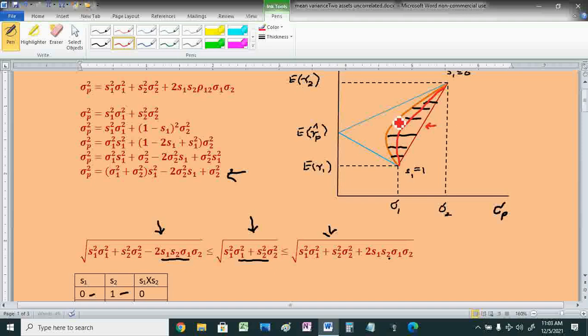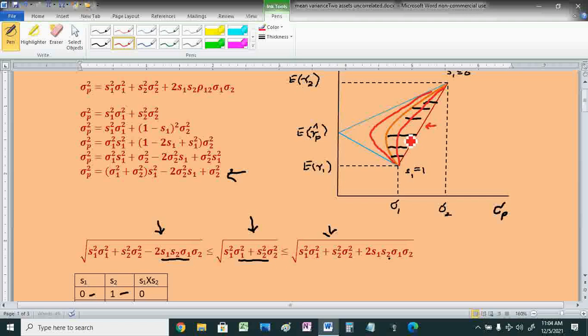And similarly, if the correlation between the returns on two assets is between 0 and -1, this means that it will be a little bit more away from this particular portfolio possibility frontier, or nearer to this portfolio possibility frontier.